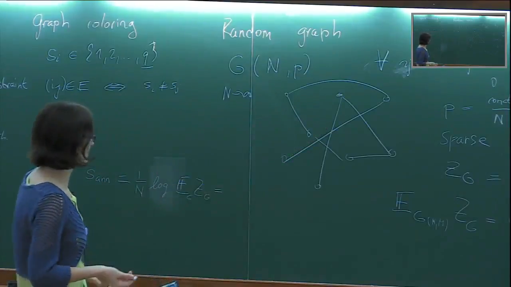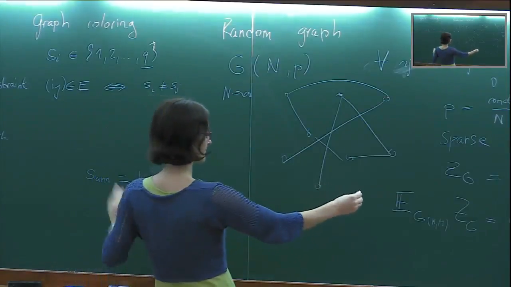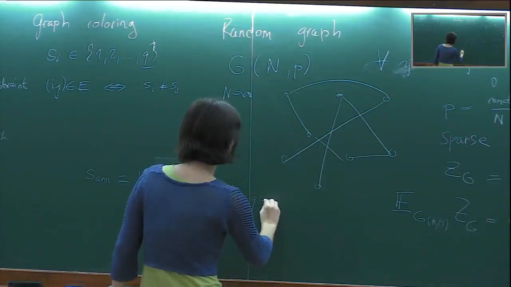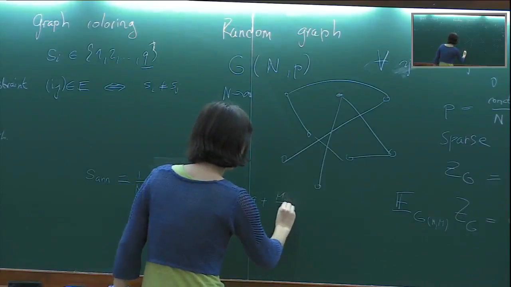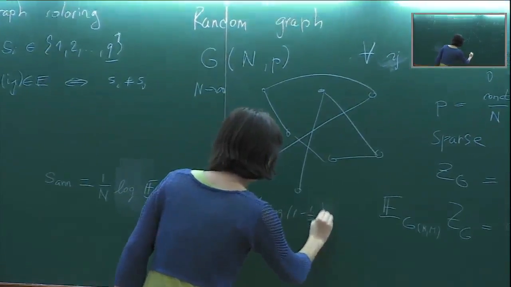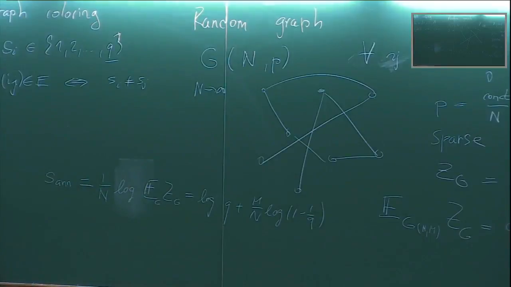So from our expression, I divide by n: log q, plus m over n times log of 1 minus 1 over q. And m over n is just c over 2.